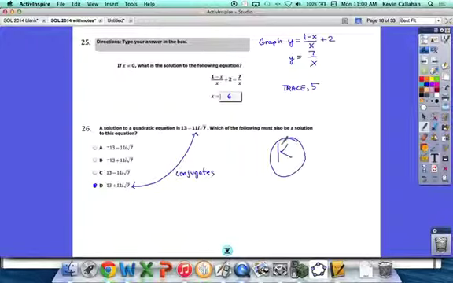There's nothing else to do. There's no point putting it in the calculator. You just got to know it. And if you do, it's half a second, and you got it. That's definitely one worth trying to somehow drill into your brain because it's an easy question. Doesn't require much work. We've seen the last 2 release tests that they give us. They both had a question just like that.